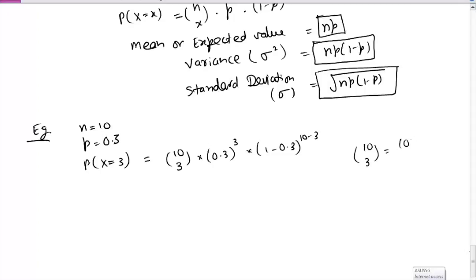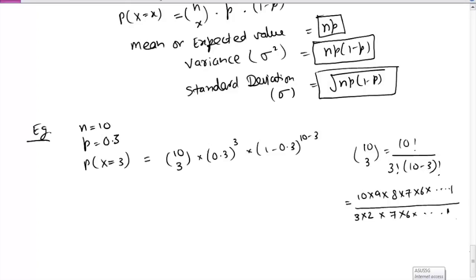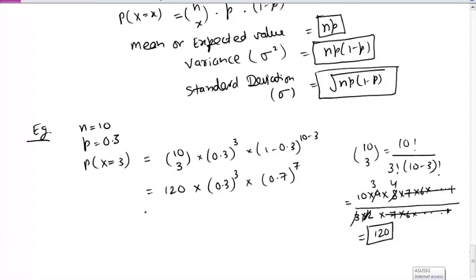So this is 10 factorial divided by 3 factorial and then 10 minus 3 factorial. There are 120 different ways you can get 3 out of 10. So this becomes 120 times 0.3 to the power of 3, and this is 0.7 to the power of 7. If you simplify you get 0.267.